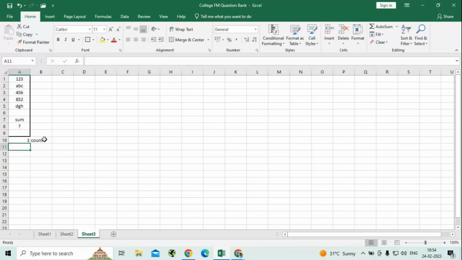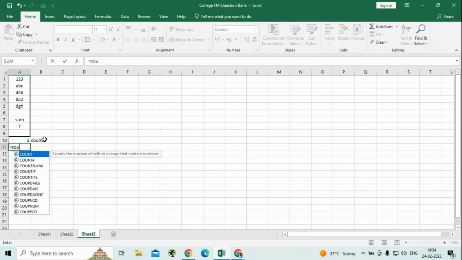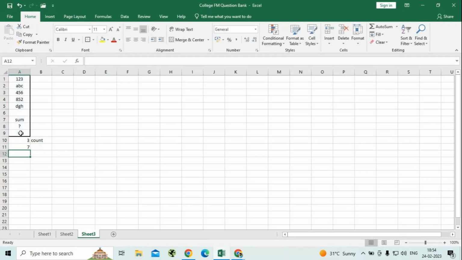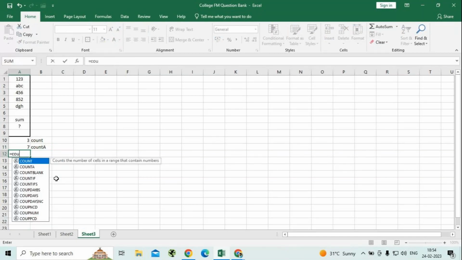The next I'm going to use is count A. Let me put it over here as count A. Then the next one I'm going to use is count blank.